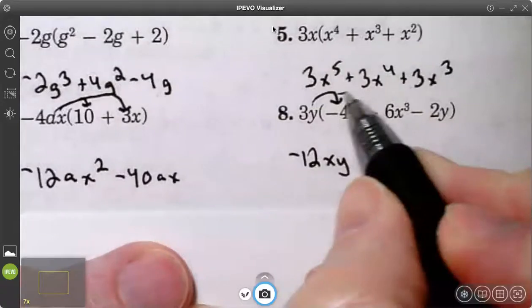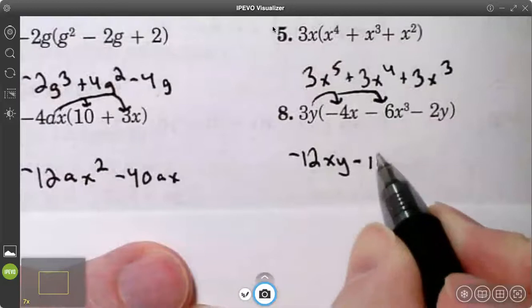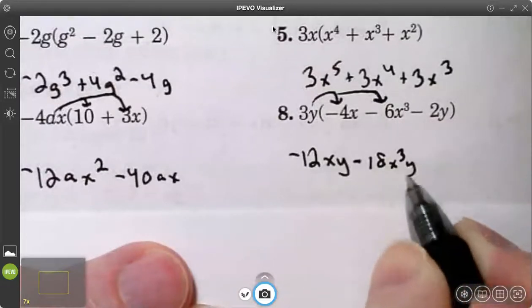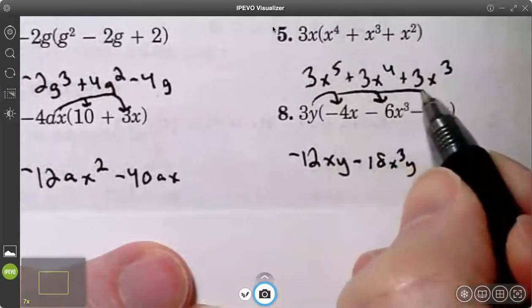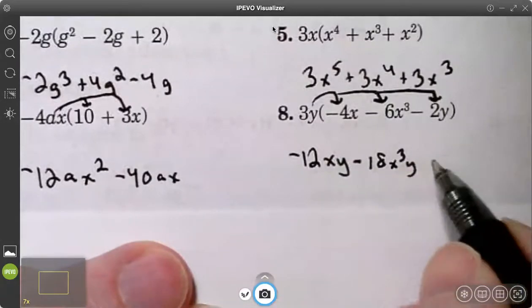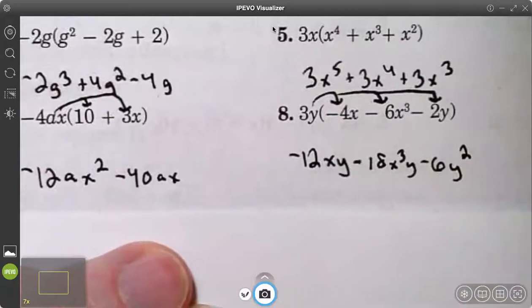And to here, 3 times negative 6 is negative 18, and let's go alphabetical, x cubed y, degree of 4. Then multiply here. 3 times negative 2 is negative 6. Y times y is y squared.